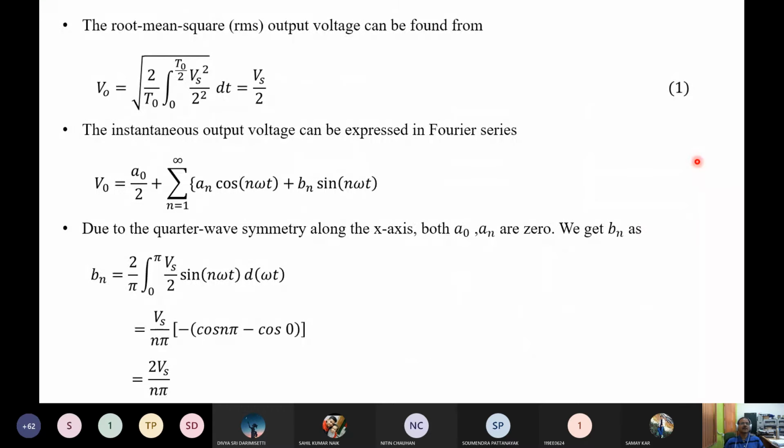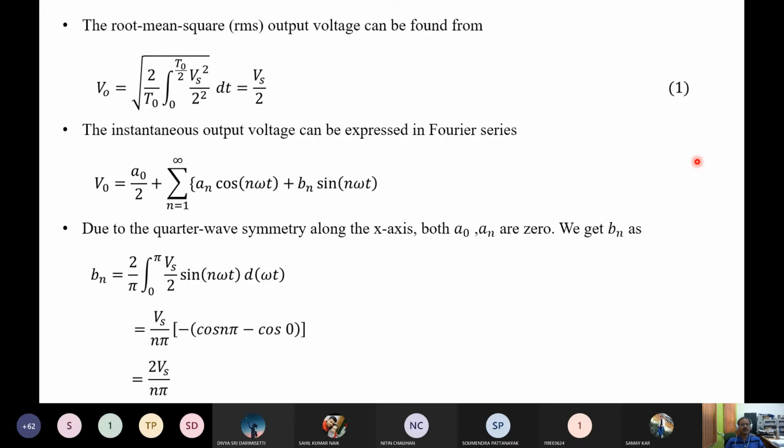So in this, the root mean square output voltage is Vs by 2. In Fourier series, the instantaneous output voltage can be expressed as a naught by 2, that is the average voltage, plus the harmonic terms, because the voltage is Vs by 2, not Vs. And since this has quarter wave symmetry along the x-axis, even harmonics are not present.